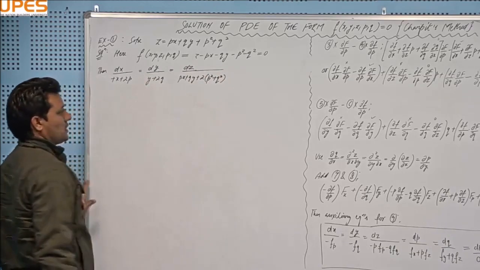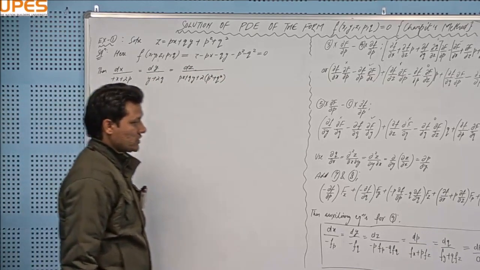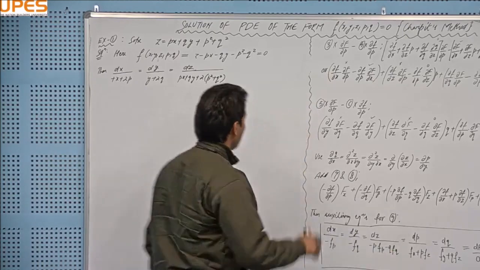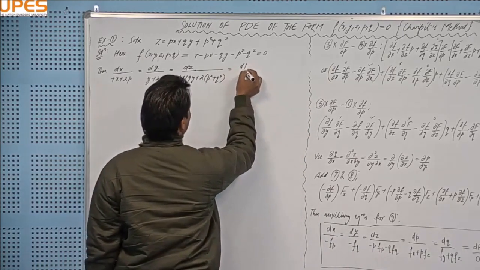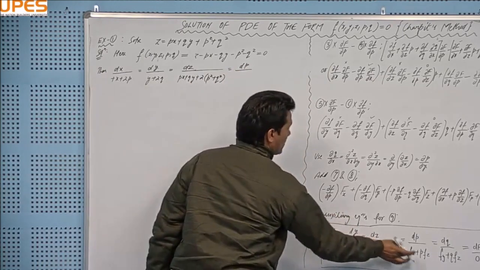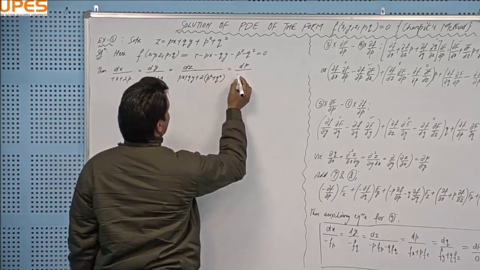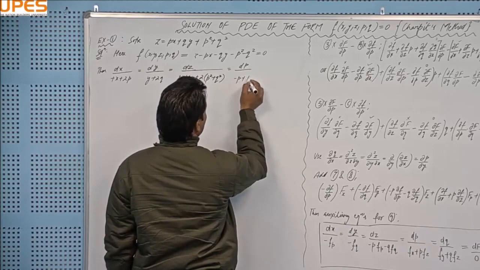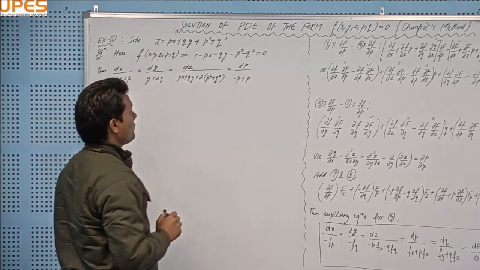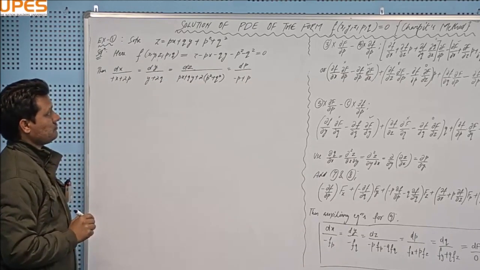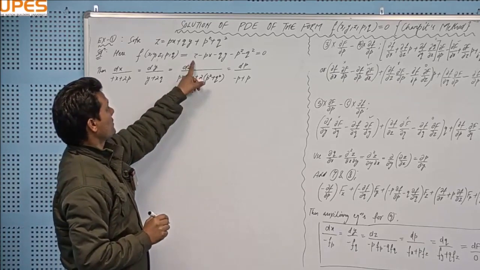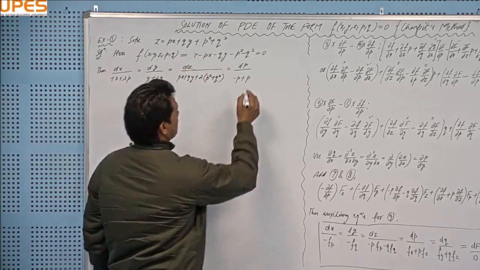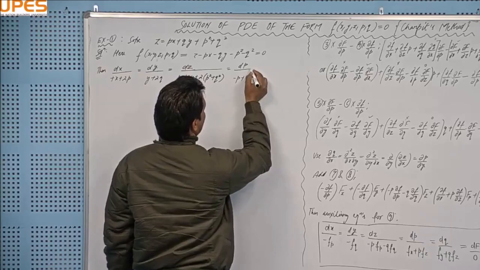Okay, then moving to our fourth ratio, that is dp over del f by del x, differentiate with respect to x, that will be, I think, minus p, and plus p times del f over del z, and del f over del z is 1, into 1.